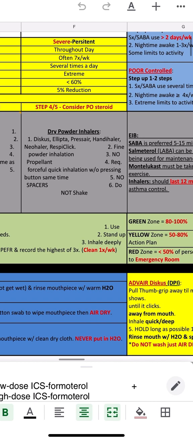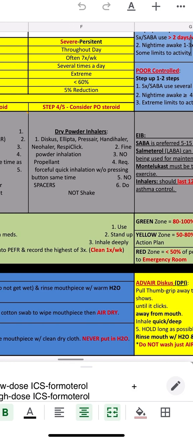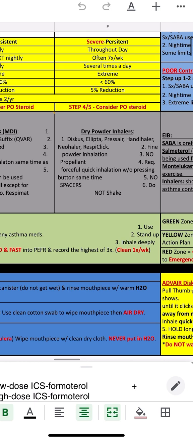Because it's a dry powder, if you shake them, just imagine the powder in your hand. If you shake them, it will be gone. So for dry powder inhalers, do not shake.